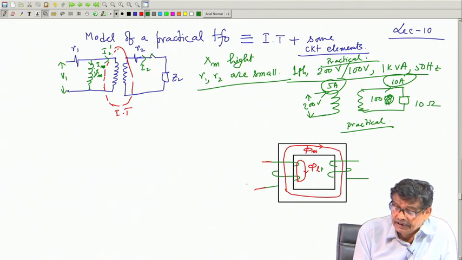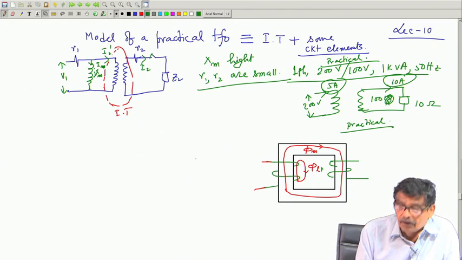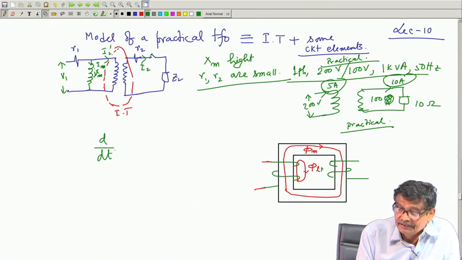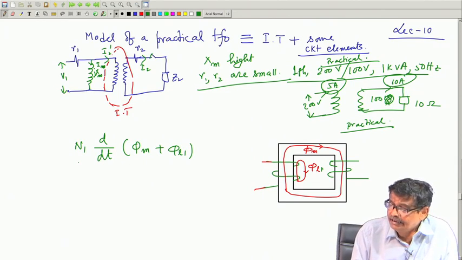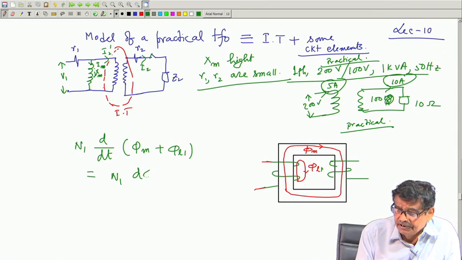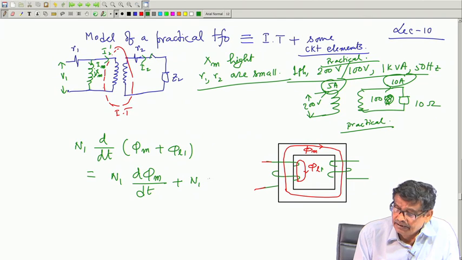Therefore, the induced voltage in the coil of the transformer will be d dt of (phi m plus phi L 1) into N 1, say. This is the induced voltage in the coil, and this can be separated out: N 1 d phi m dt plus N 1 d phi L 1 dt.